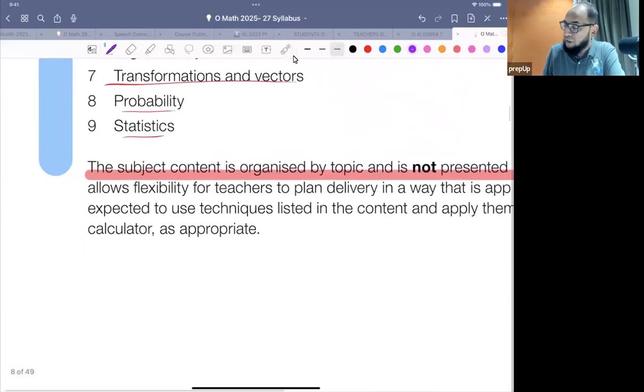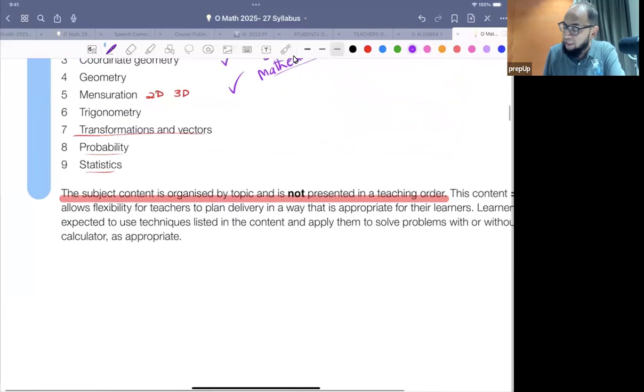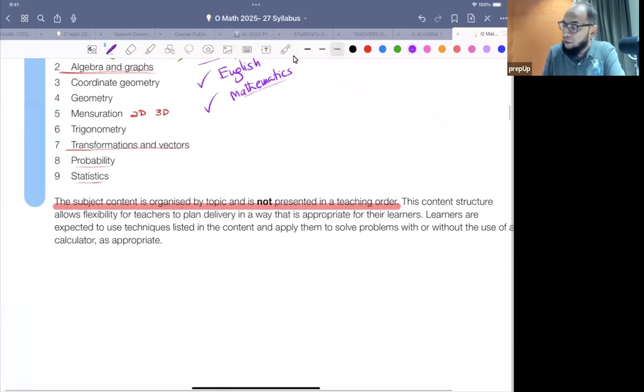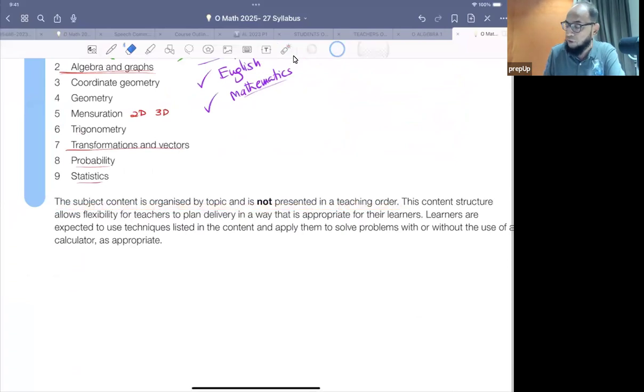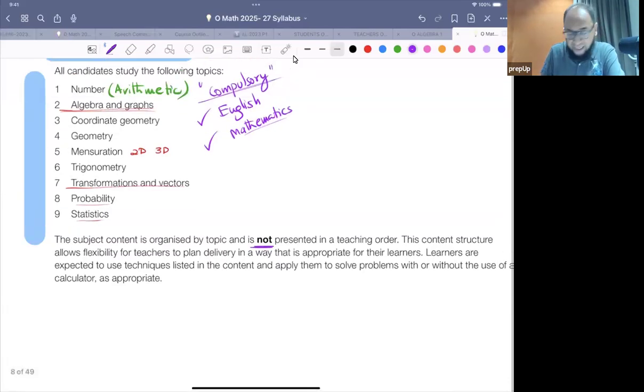The subject content is organized by topic and not presented in a teaching order. So this is important. It's not necessary that we teach in this order. It could be in any order. So sometimes I start with arithmetic.